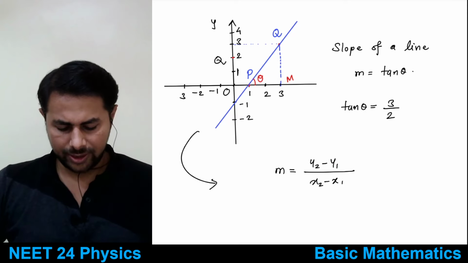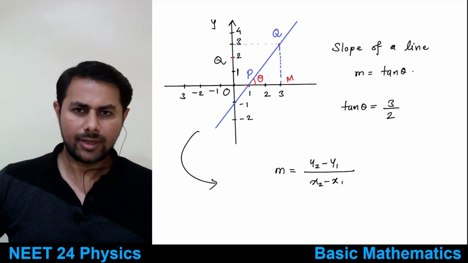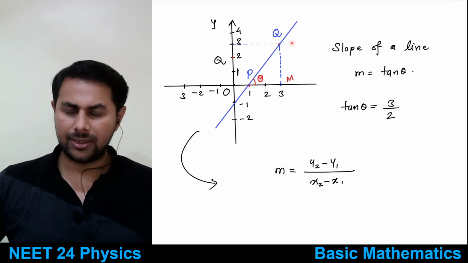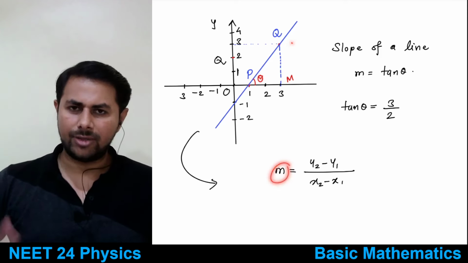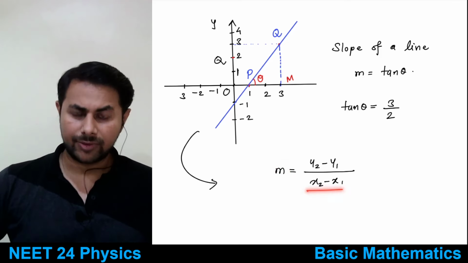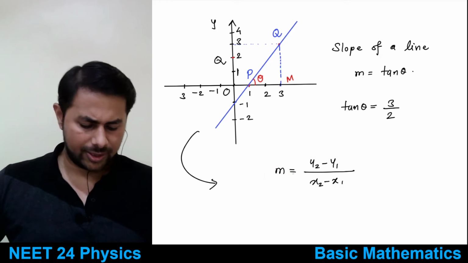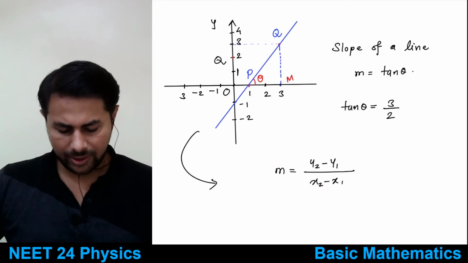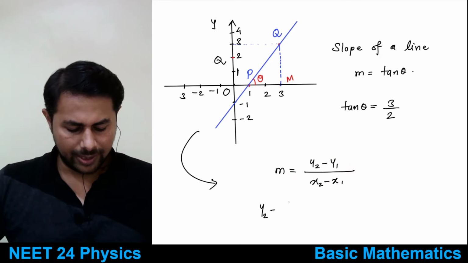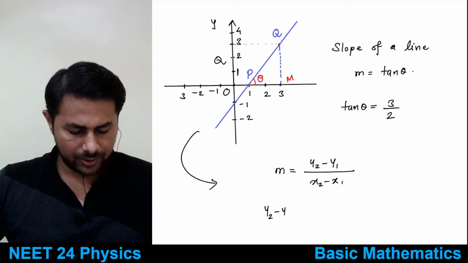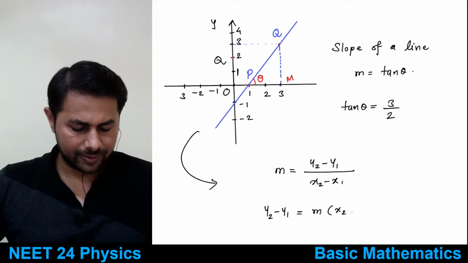Okay, I know these 2 points, x1 y1, x2 y2, and I know slope is equal to y2 minus y1 divided by x2 minus x1. This formula itself is an equation of a line. But it's not written in this form, it is written in this form: y2 minus y1 is equal to m multiplied by x2 minus x1.